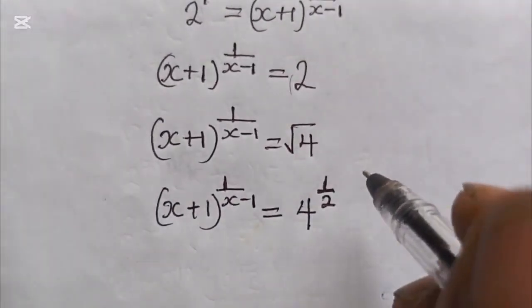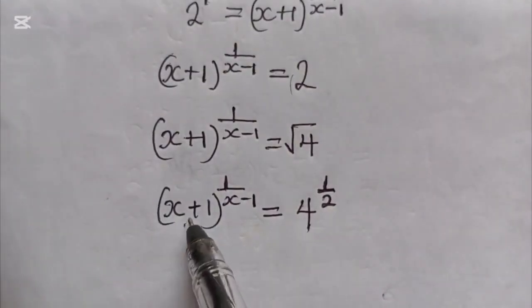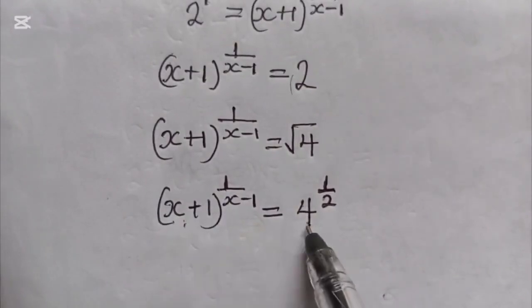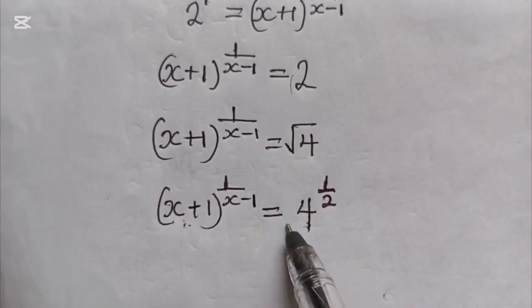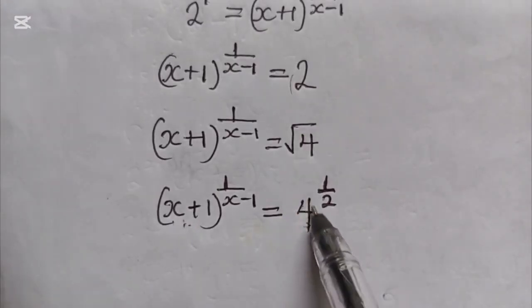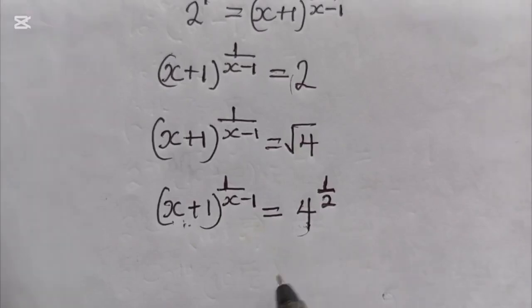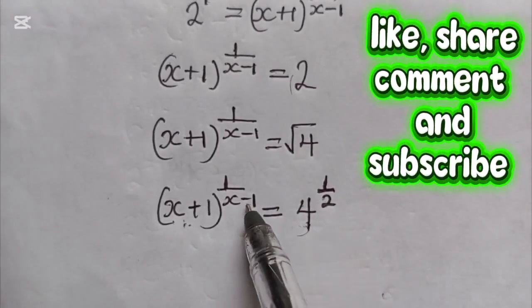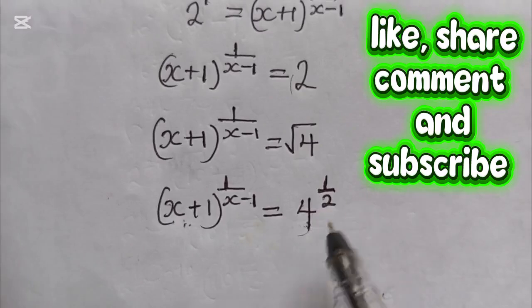Now, when you look at this pattern, the base here is 4, the base here is x plus 1. What can we do to make sure that this and this have the same pattern? What value will you add to 1 that will give you 4? That's 3. What value will you subtract 1 from that will give you 2? That's also 3.